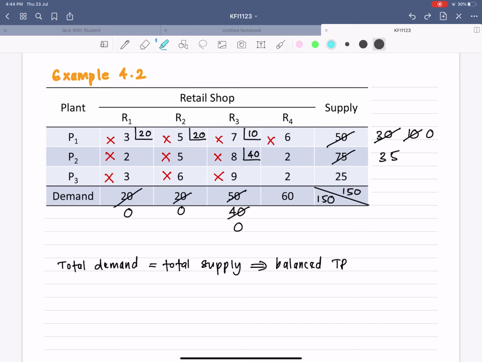So what will be the value here? We need to compare these two values, 35 and 60. 35 is less than 60, so we will allocate 35 here. 35 minus 35 is 0, and then 60 minus 35 is 25.